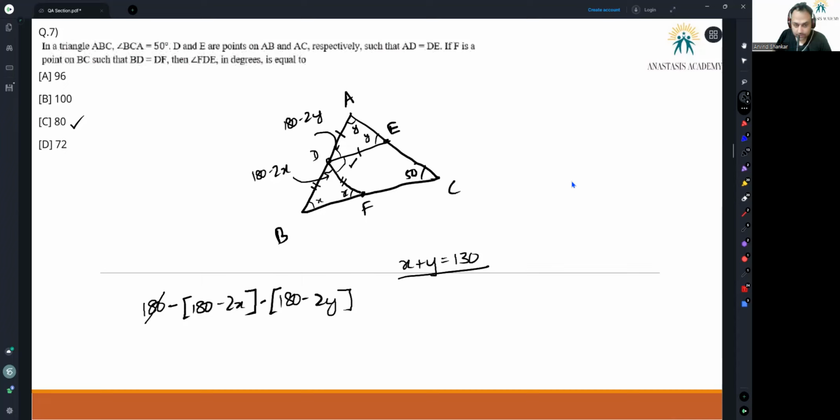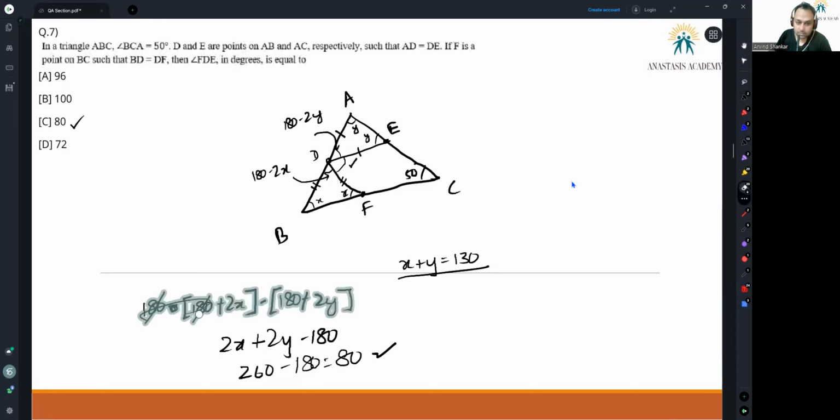So 180 gone. This minus will turn to plus, and this minus 180 would remain. So we finally get 2x plus 2y minus 180, or 260 minus 180, which gives us 80. This is also an acceptable way of finding the answer.